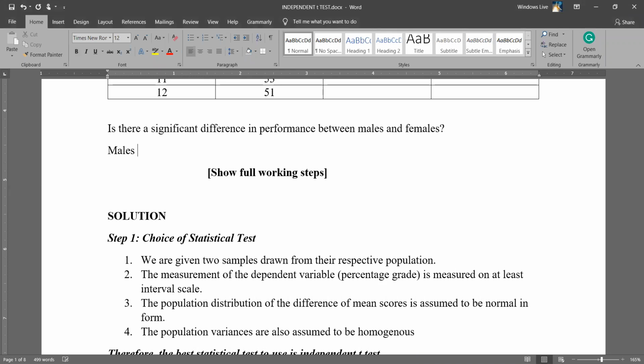males will perform better in statistics than females.